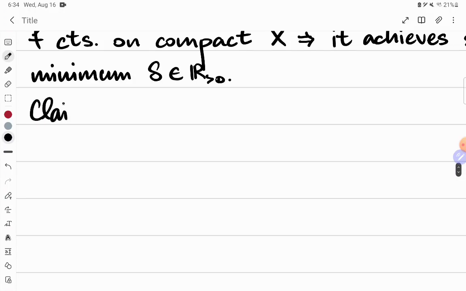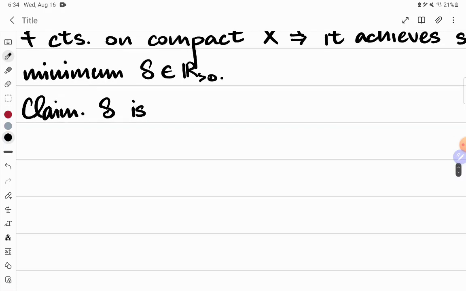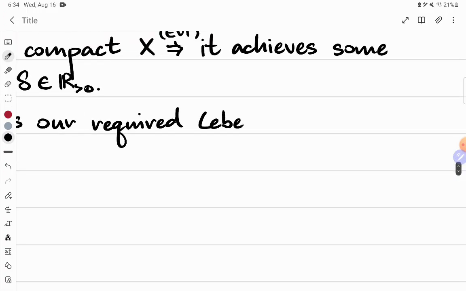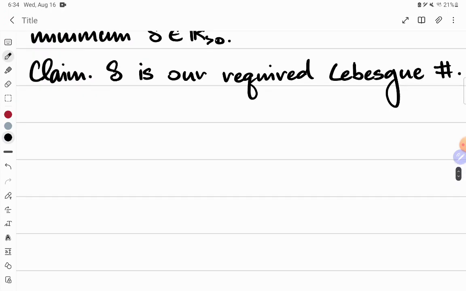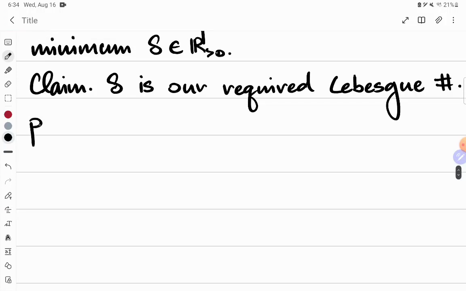Now claim: delta is our required Lebesgue number. Okay. Proof.